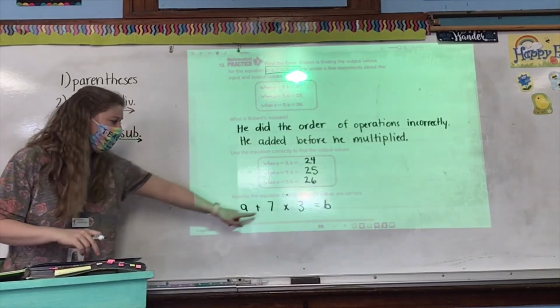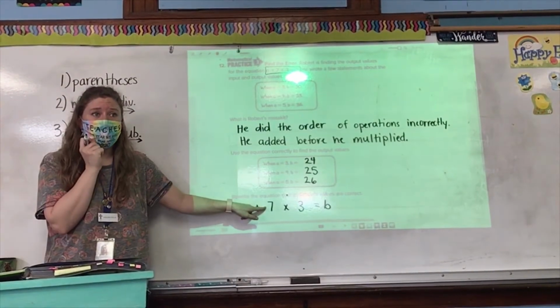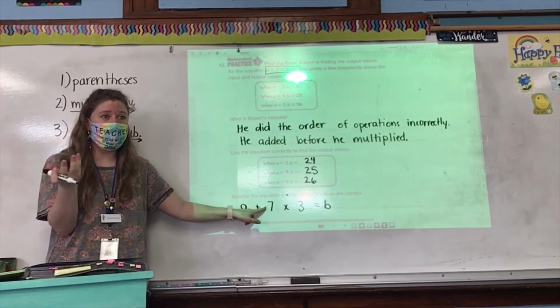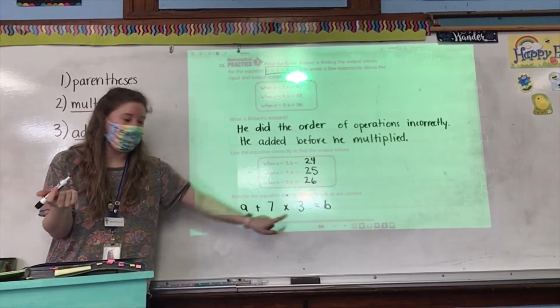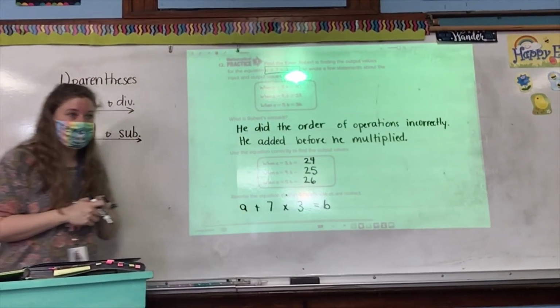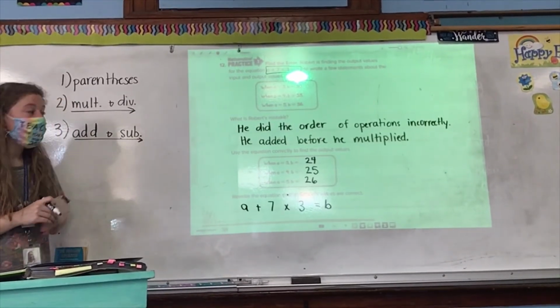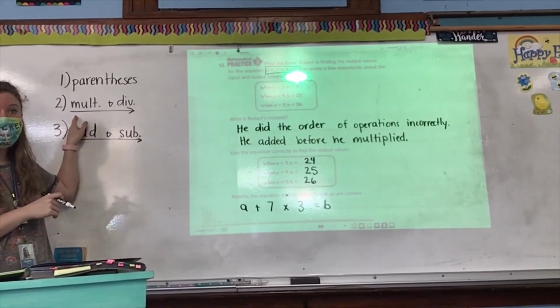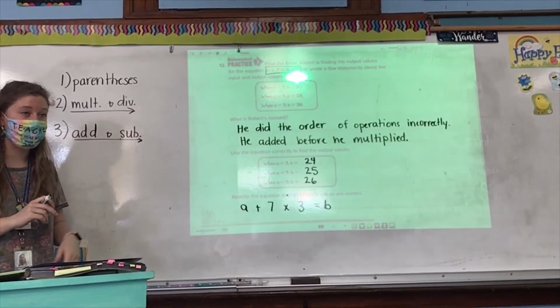Also, do we even need to put parentheses around 7 times 3 to show that we have to do it first? Do we even need parentheses there, Michaela? No. Why do we not need parentheses to show that we have to do the multiplication before the addition? Because multiplication and division already comes before addition and subtraction in the order of operations.